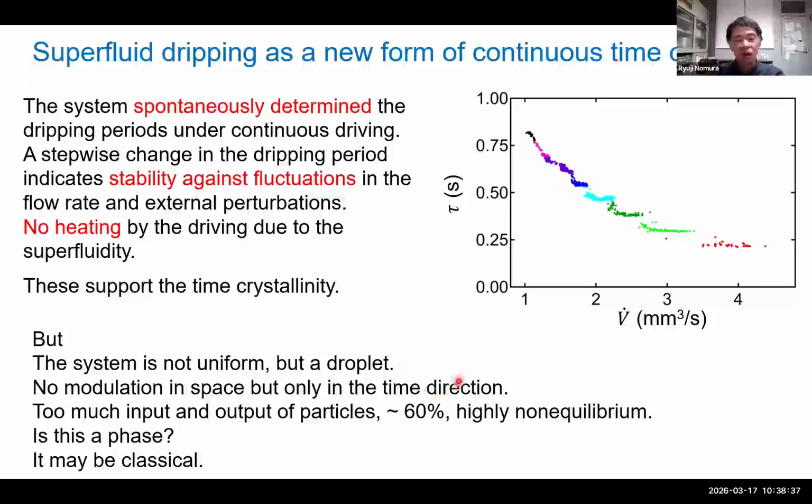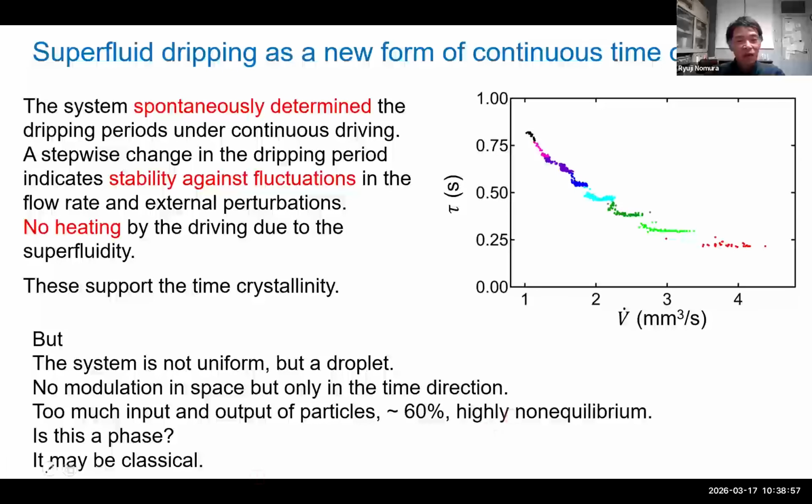So it's a one-dimensional time crystal. It has too much input and too much output of the particles, because about 90% of the particles are replaced by a single pinch-off. So it's a highly non-equilibrium system and maybe too much of an open system.